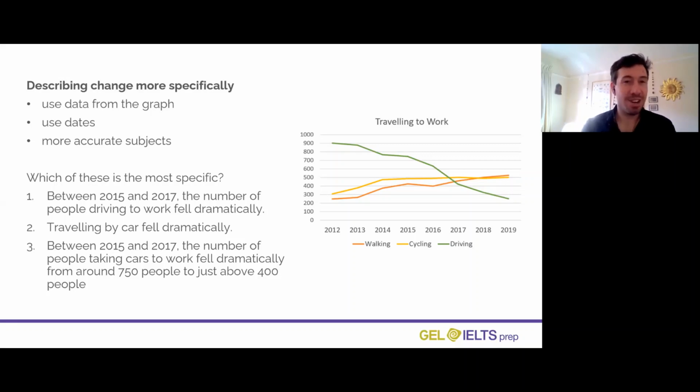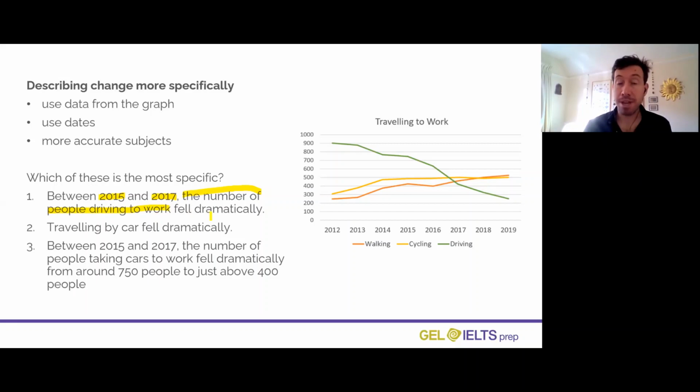Okay, so let's have a look again at each one. Well, this first one, it says between 2015 and 2017. So it uses dates. Excellent, that's good. We need to have dates. The number of people driving to work is also a specific subject as well.